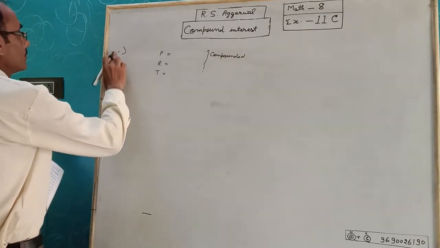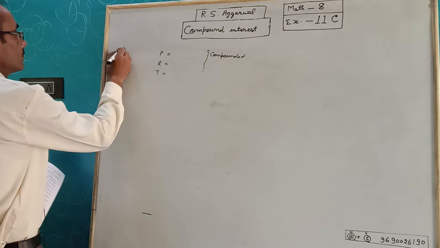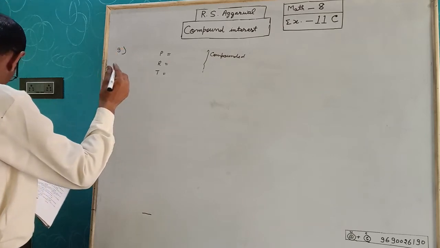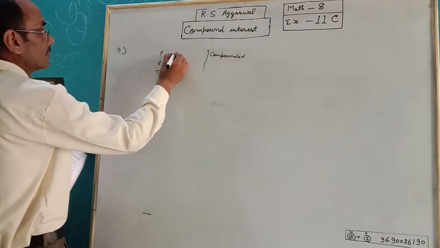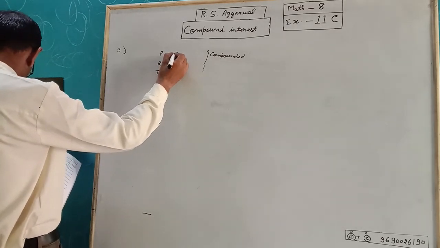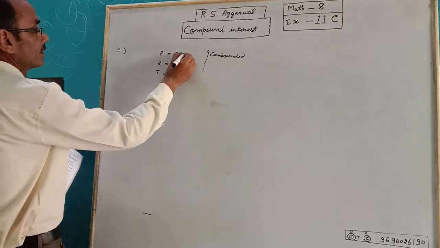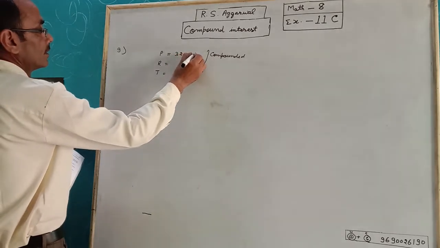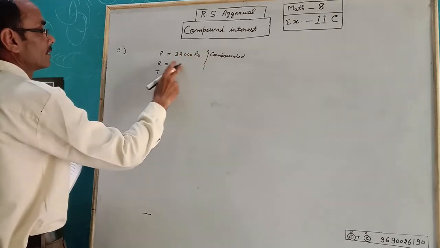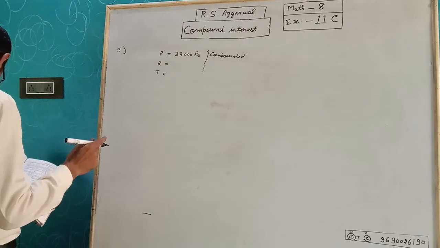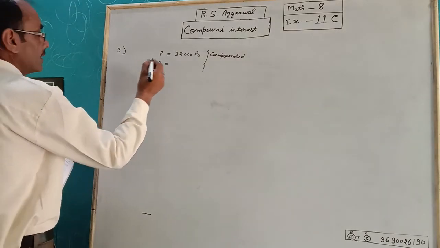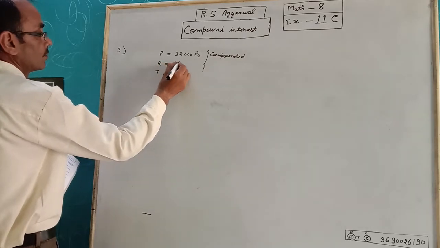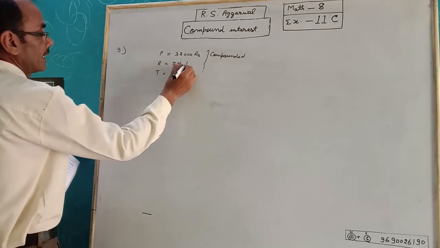Sudarshan deposited 32,000 rupees and rate is equal to 5% per annum.